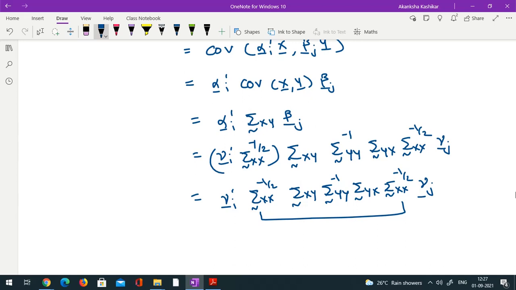Does this look familiar? No? Ma'am, this was a matrix A from which the eigenvalues nu had come out. Correct. So basically this matrix, I mean nu I and nu j are eigenvalues of this matrix. Am I right? Yes, ma'am. So we can use the formula for eigenvectors and eigenvalues.